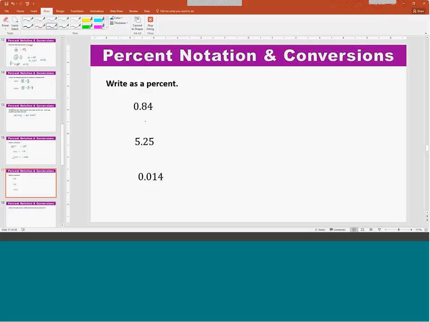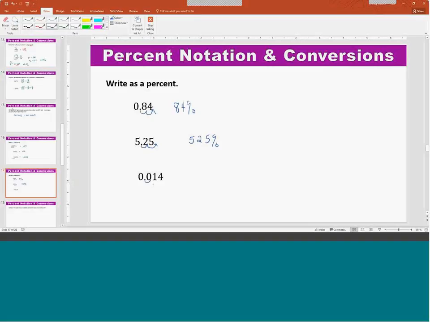Okay. Now, take a decimal, write it as a percent. I think we've done this before. We're going to do it in reverse. In decimal form, we have to move the decimal point 2 places to the right and make it a percent. So 0.84 is the same as 84%. And 5.25 as a percent is the same thing as 525%.